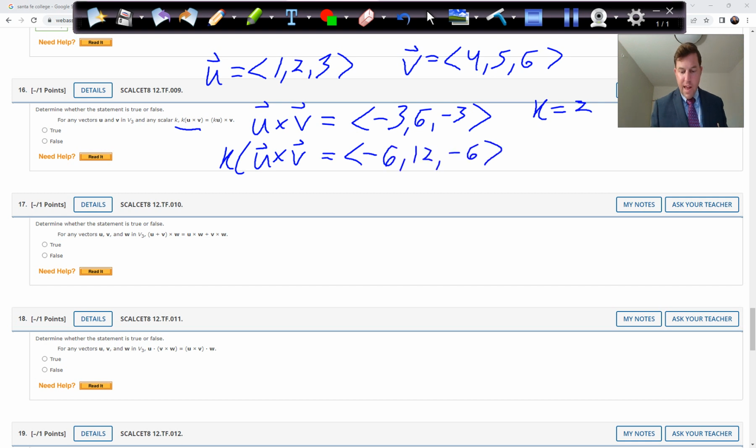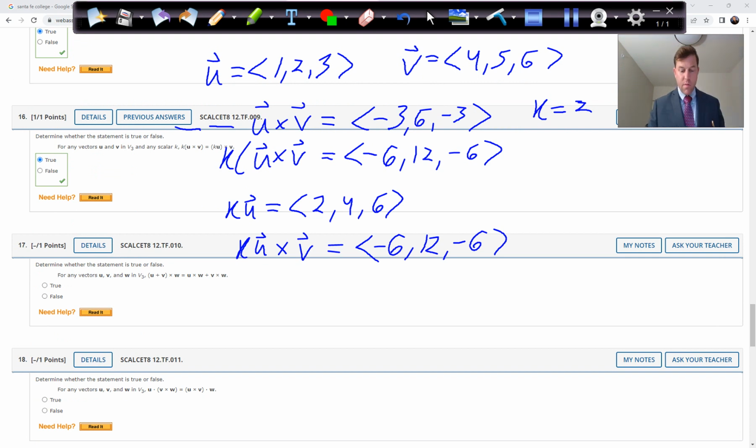Now on this side it says first take k times u. So k times u, just double the original numbers, 2, 4, and 6. Then take that and cross it with v. And if you do this one, you will get the exact same result out.